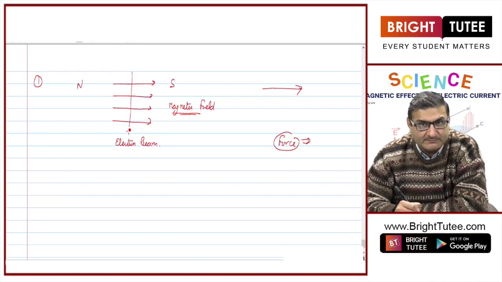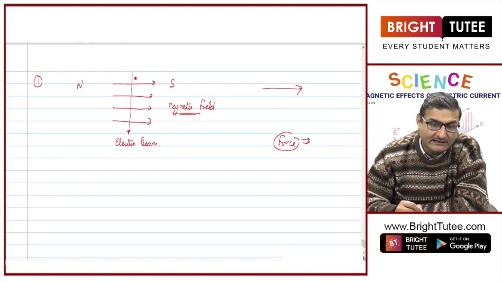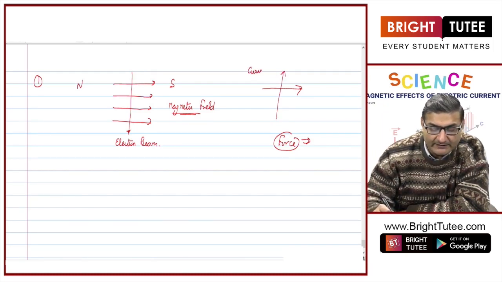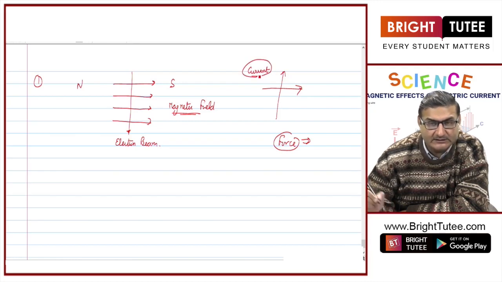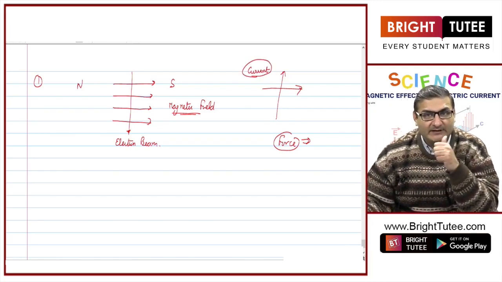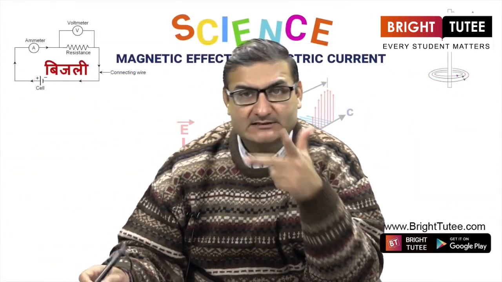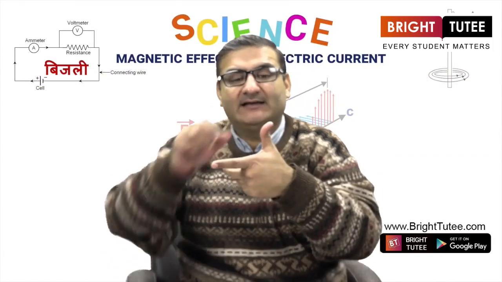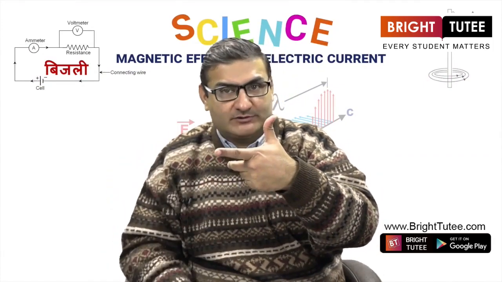So as per what I have learnt, if the electrons are going in this direction, that means the current will be going in the opposite direction. Now try to relate once again my hand movement. This is Fleming's left hand rule and we need to find the direction of force or motion.